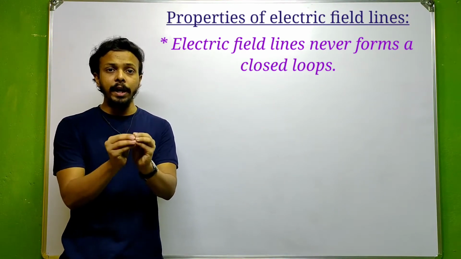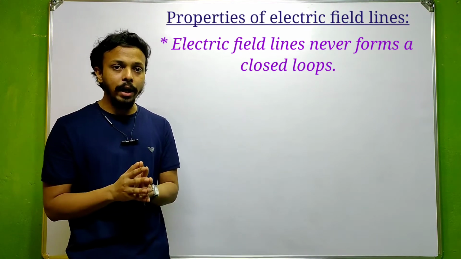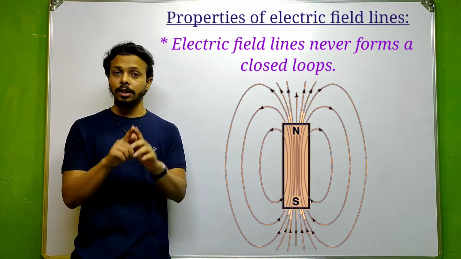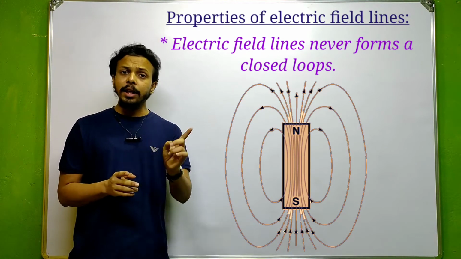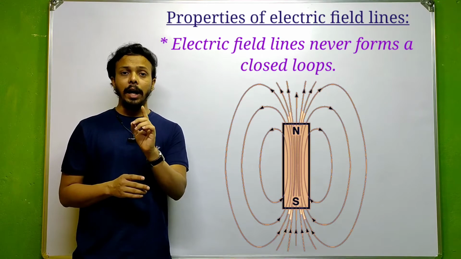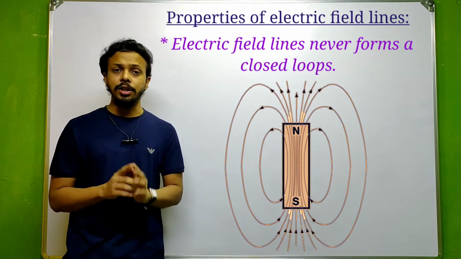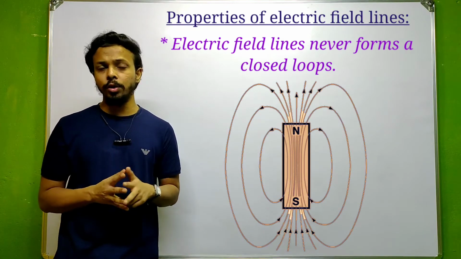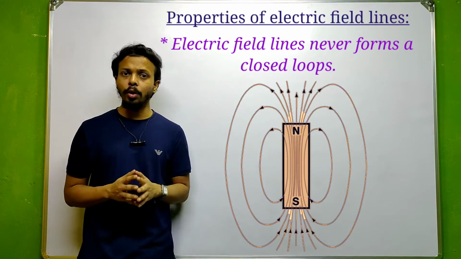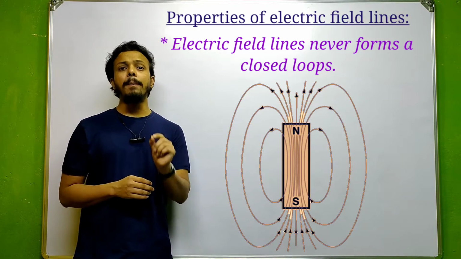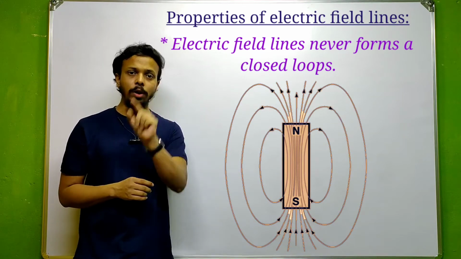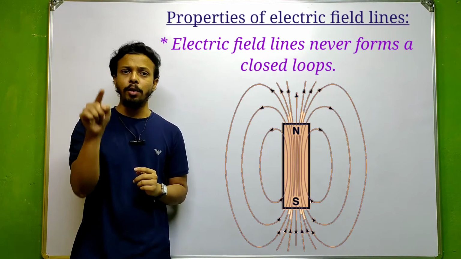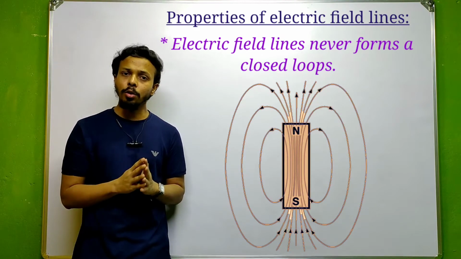A magnetic field is represented by drawing magnetic lines of force, or magnetic field lines, around the magnet. In the case of a magnet, the magnetic field lines are closed loops. As we all know, a magnet has two poles, north pole and south pole, and the magnetic field lines form a closed loop passing from north to south pole.